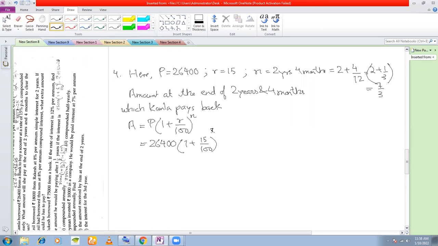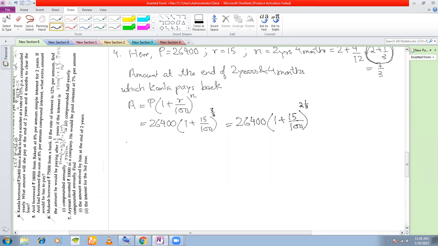Now we have got a fractional power. What to do with this fractional power? What you do here is 26,400 into 1 plus 15 by 100, and 7 by 3 is a fractional power. So you write this 7 by 3 as 2 plus 1/3, or simply 2 1/3 as a mixed fraction.